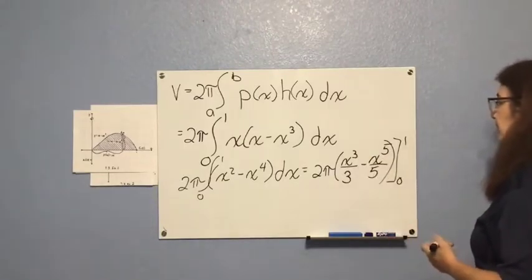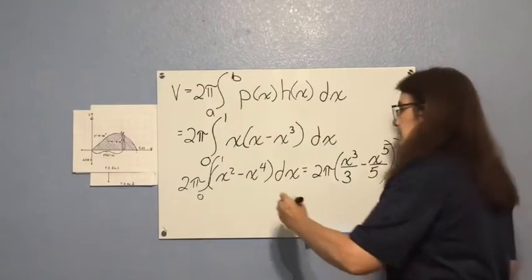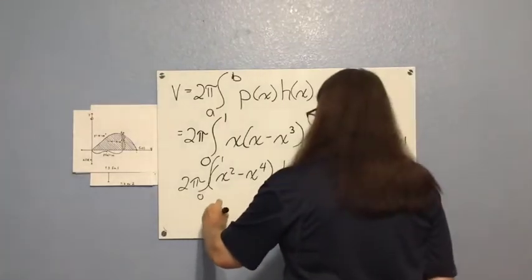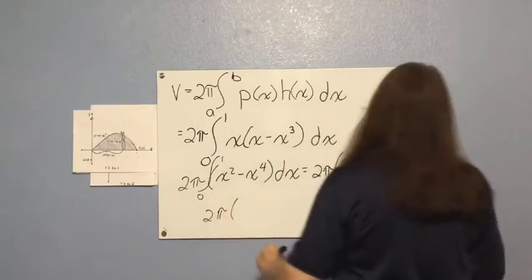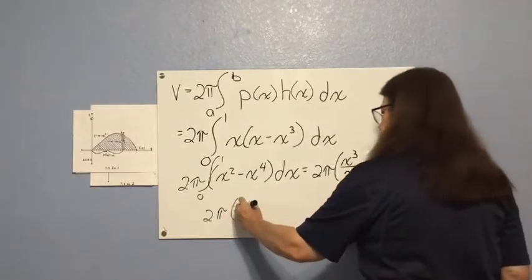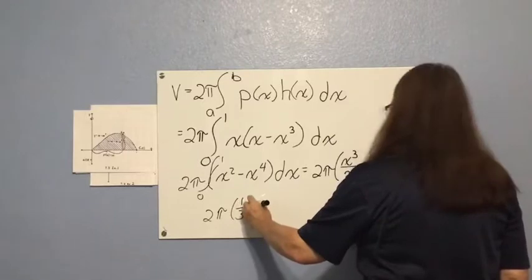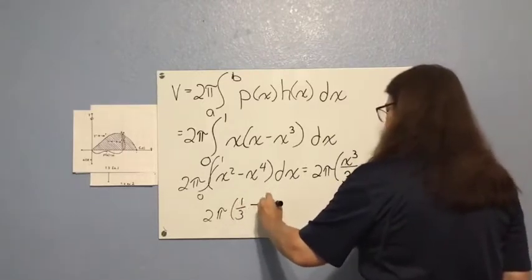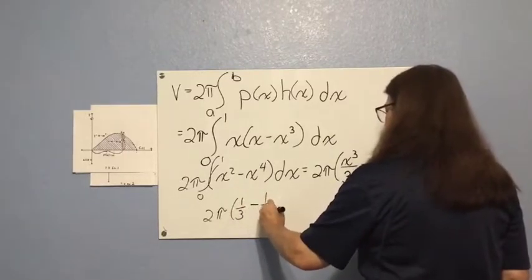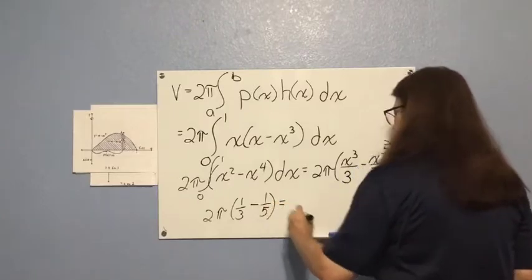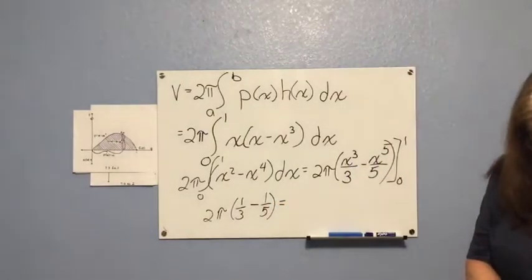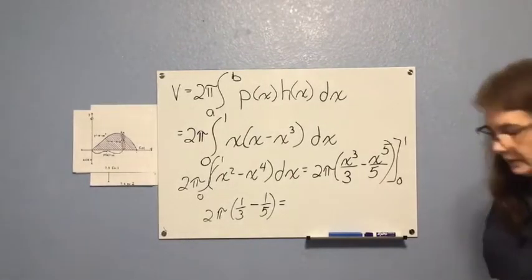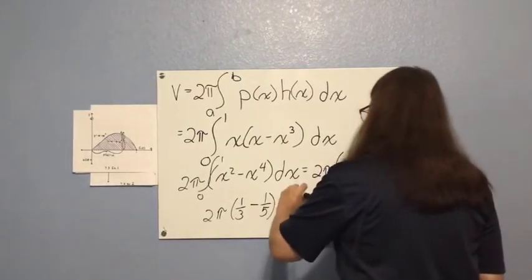I just need to evaluate at 1, which is going to give me 2 pi times 1/3 minus 1/5. So my final answer is going to be 4 pi over 15.